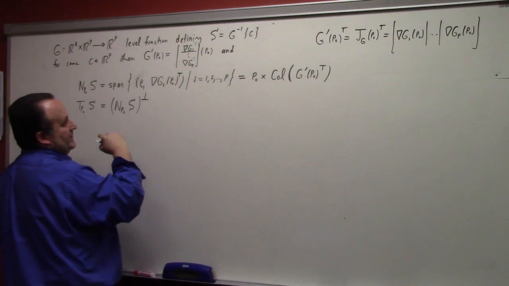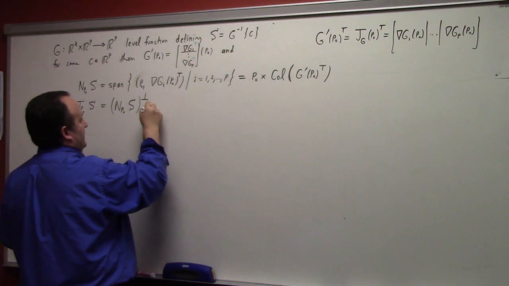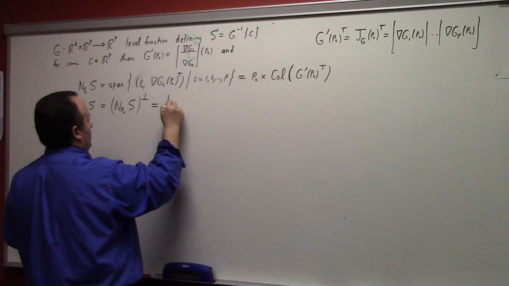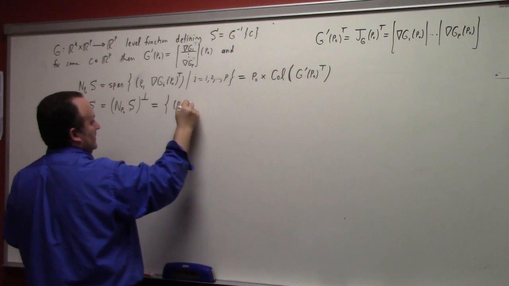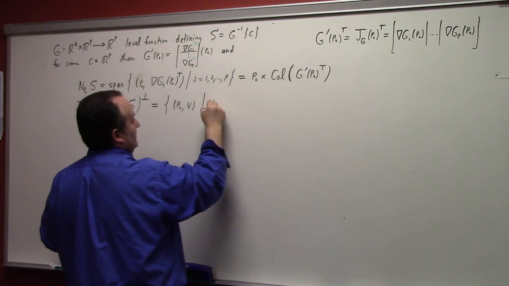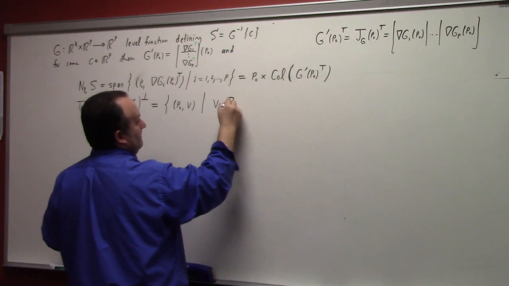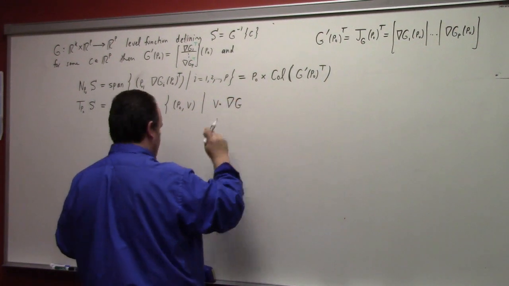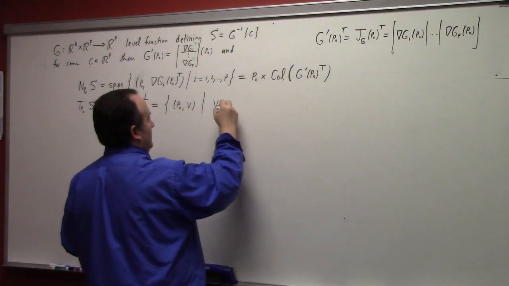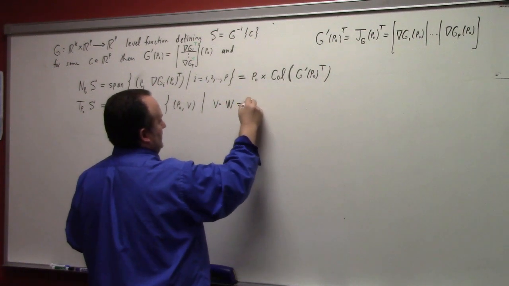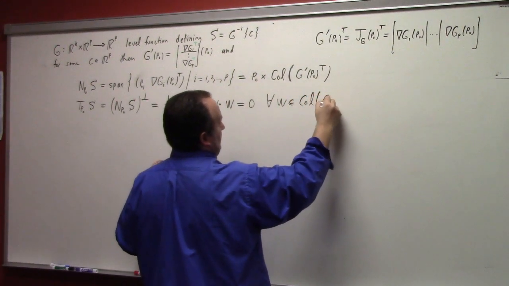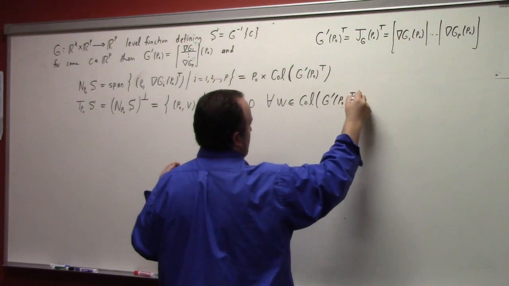But the theorem, if we look at that, we're looking at P naught, comma V, such that V dot W is equal to 0 for all W in the column space of G prime of P naught transpose.